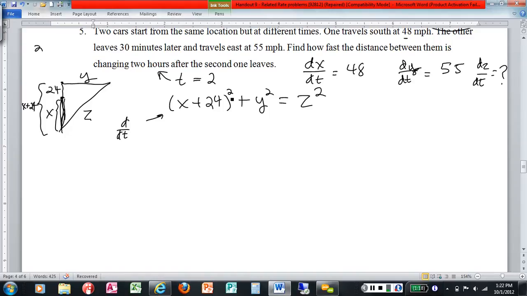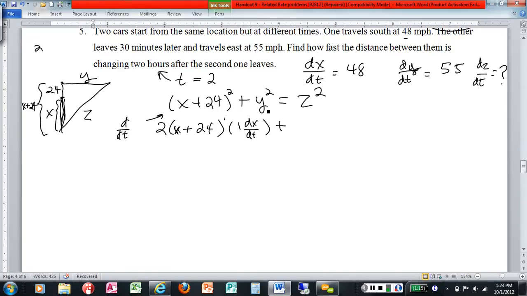This is my outside, so bring down the power. Subtract 1 from the power, so that's 1. But then I have to do the derivative of the inside. What would be the derivative of the inside? Well, the derivative of that's 0, but the derivative of that would be 1. But what else do I need? I'm doing the derivative with respect to t, so don't I need a dx/dt there? So 1 dx/dt would be the derivative of the inside. Is that okay? See where I got all that.